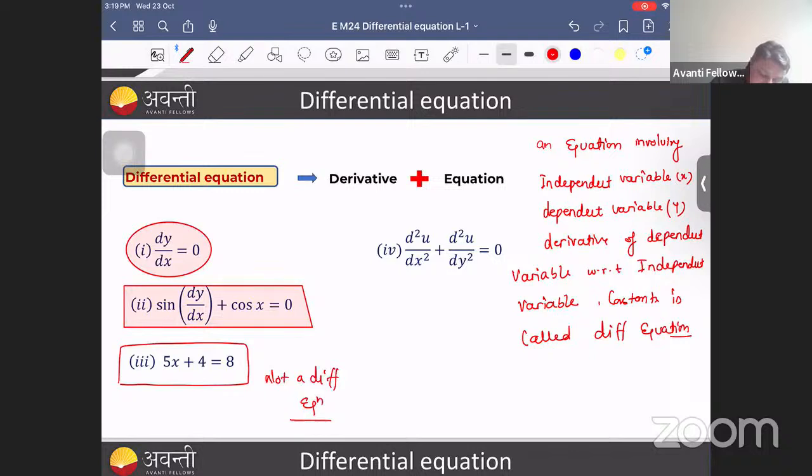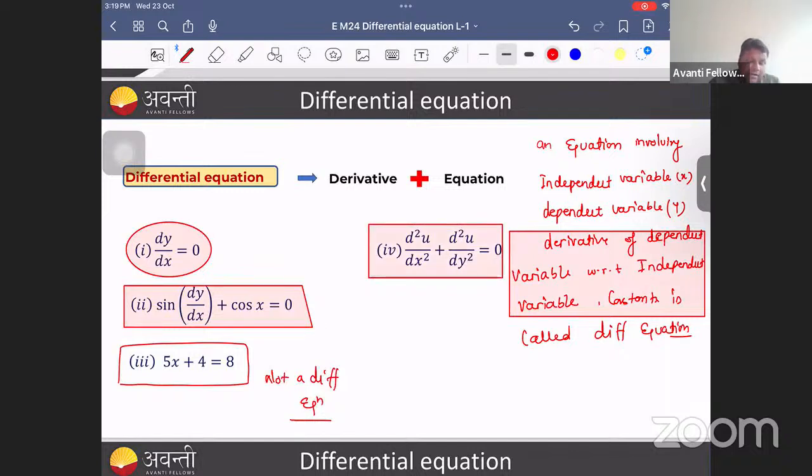In a differential equation, this derivative of the dependent variable with respect to the independent variable is mandatory. This is also a differential equation. There are two independent variables x and y, but one dependent variable u, with du by dx.